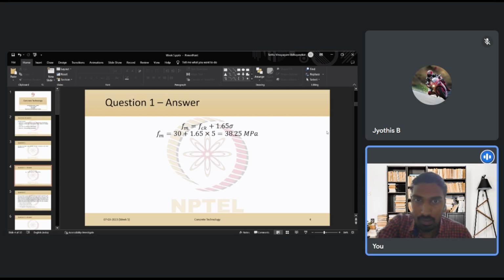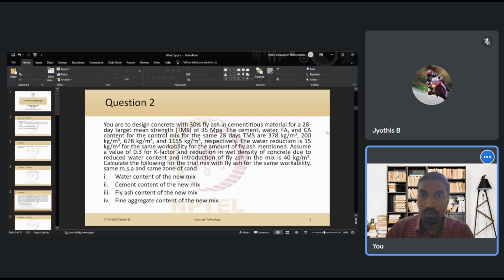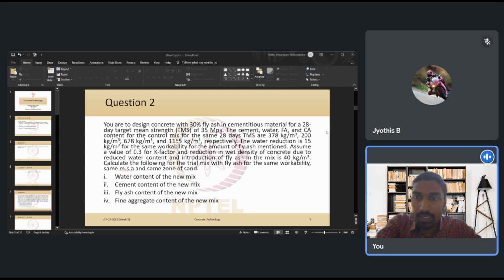Okay, so moving on to question number 2. You are to design a concrete system with 30% fly ash in cementitious material for a 28-day target mean strength of 35 MPa. The cement, water, fine aggregate and coarse aggregate content for the control mix for the same 28-day target mean strength are 378 kg per meter cube, 200 kg per meter cube, 678 kg per meter cube and 1155 kg per meter cube respectively.